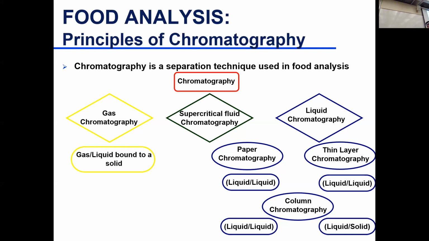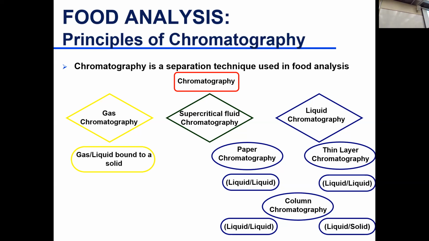But you need a solid base, basically. A solid substance where you have a liquid either covalently bound or non-covalently bound to the solid surface. And then you have your compound partitioning between the gas and the stationary phase.